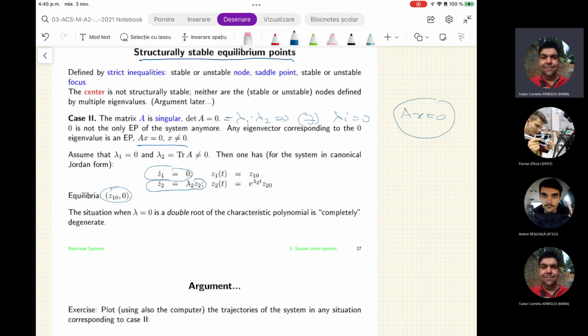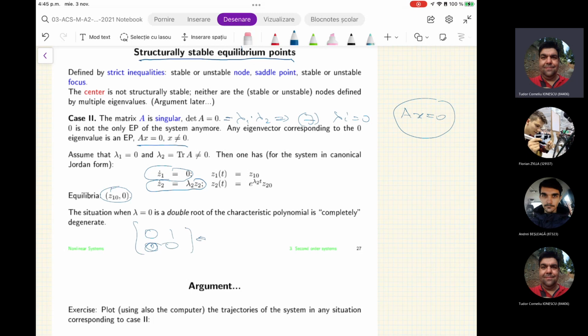The situation they say here when lambda equal to 0 is a double root of the characteristic polynomial, this is a completely degenerate situation. Well, if you have 0, a double eigenvalue in a Jordan block, this is all right.